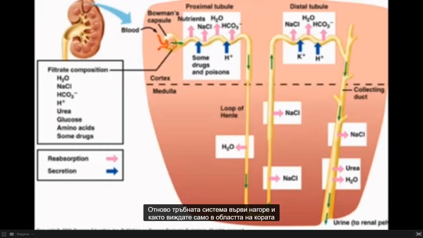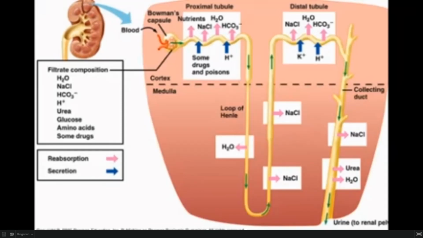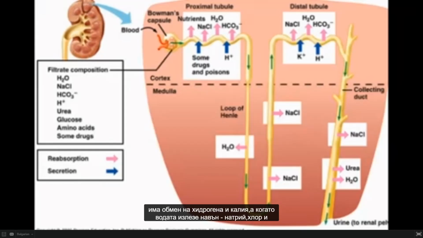Again, the tubular system goes up, and as you see, only in the cortex area do we have the exchange of hydrogen and potassium. When water goes out, so do sodium, chlorine and bicarbonates. So whenever we have reabsorption of sodium, chlorine follows it, and whenever we have secretion of hydrogen, kalium, meaning potassium, goes with it.